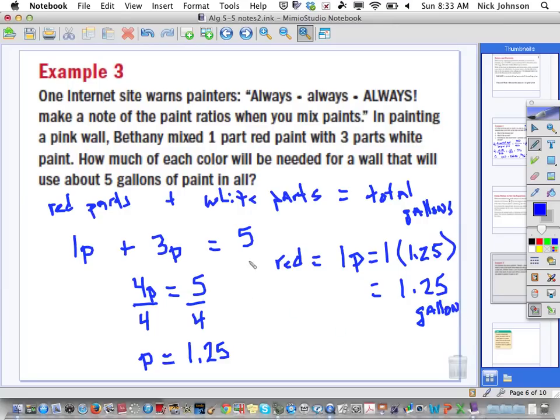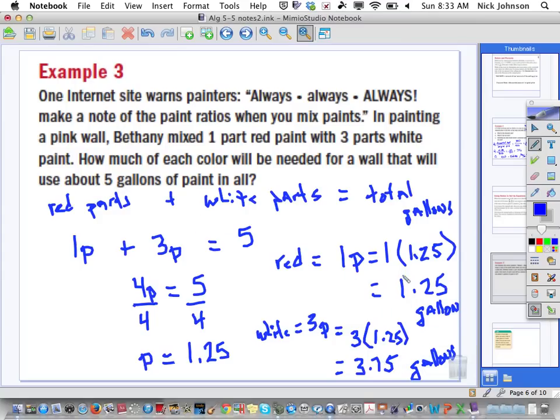Now, for my white paint, my white is equivalent to 3 parts. So 3p. 3 times 1.25 is equivalent to 3.75 gallons. Now, as you see here, what you should notice is 1.25 gallons and 3.75 gallons equal 5 gallons.